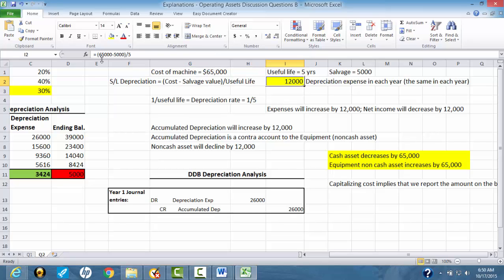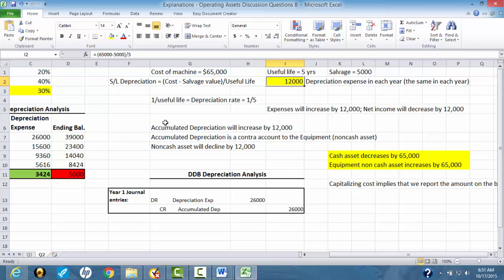So there again, 65,000 minus the salvage value divided by the life. So 20% of the 60,000 is 12,000. So every year, depreciation expense is 12,000. So expenses will increase by 12,000. Net income will decrease by 12,000.